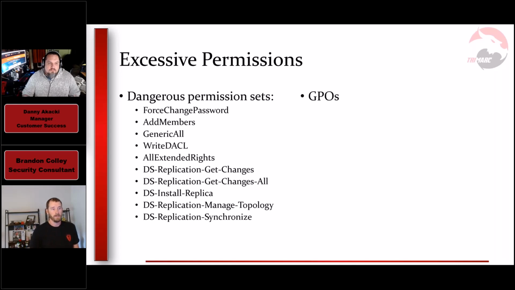Well, writing something like generic all or write DACL on a GPO, for example, that might be linked to the domain controller's OU, that could be a big deal as well. And speaking of domain controllers, ownership of a domain controller, this is the computer object in Active Directory. And so by default, when a computer object gets created in Active Directory, whoever created it is the owner.